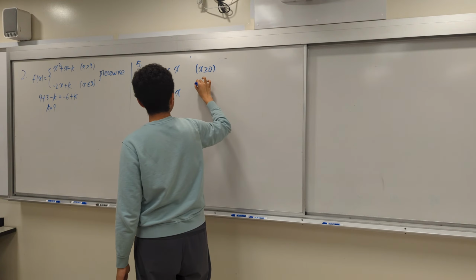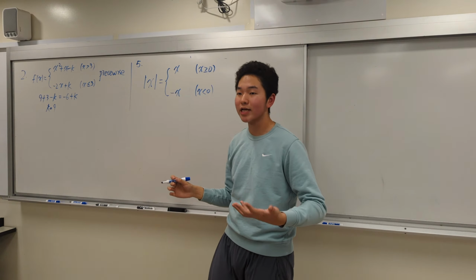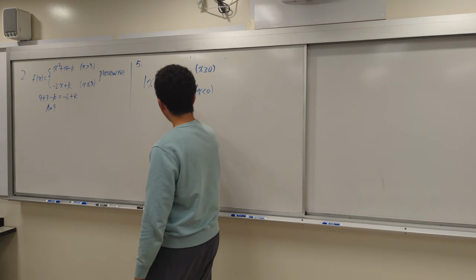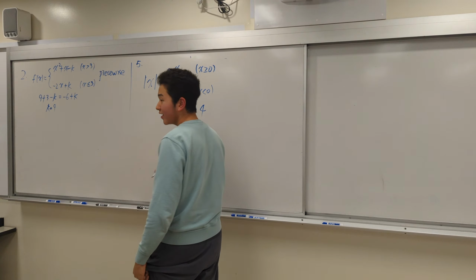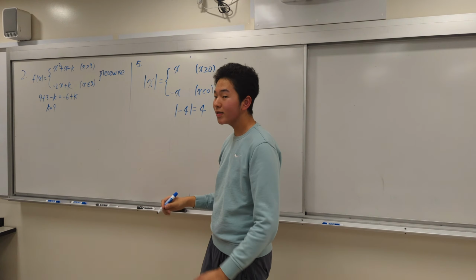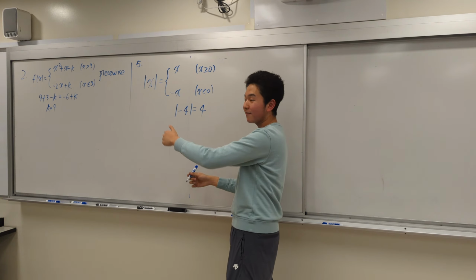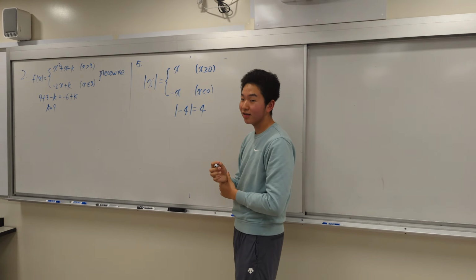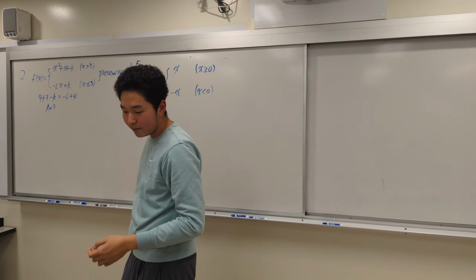But if the thing inside is negative, we have to put a negative sign in front of whatever expression is inside, right? We say that the absolute value of -4 is 4, right? But what's actually happening here? We slap another negative sign in front of the -4 to make it 4, right? That's what's algebraically happening.